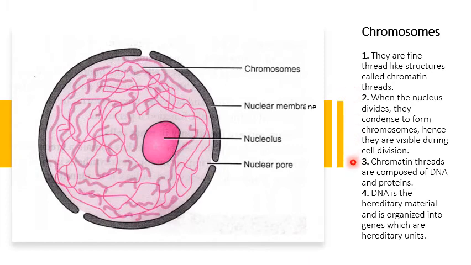Chromatin threads are made up of DNA as well as proteins. What is this DNA? The full form of DNA is deoxyribonucleic acid. This DNA is the hereditary material and is organized into genes. What are these genes? These genes are the hereditary units.